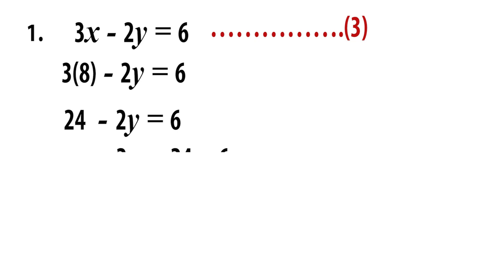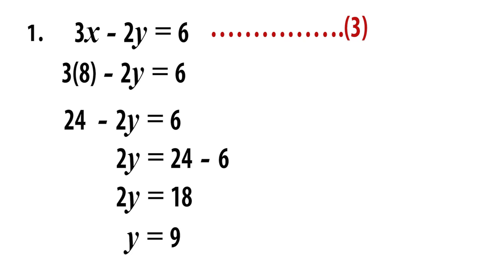We have 2y is equal to 24 minus 6. And 24 minus 6 is 18. So 2y is equal to 18. We now divide both sides of the equation by 2. And that gives us y is equal to 9. So our solution is x is equal to 8 and y is equal to 9.